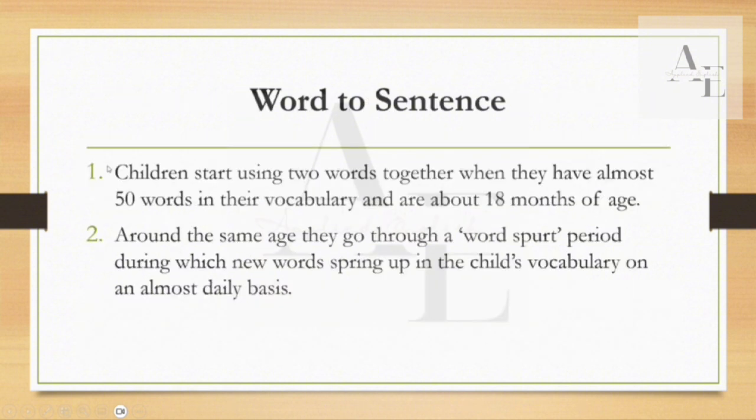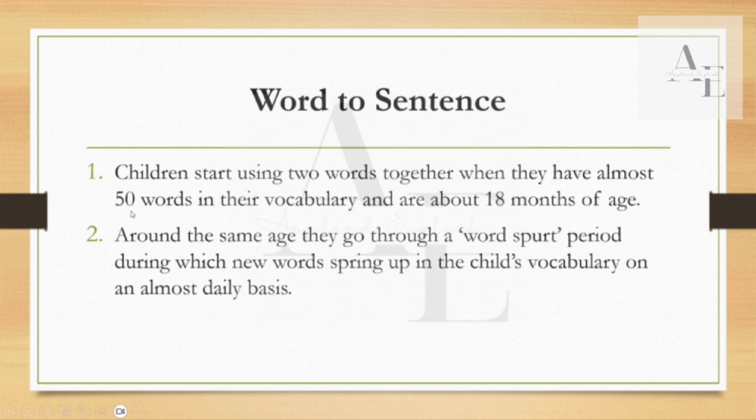Let's start then with our word to sentence, with the second part. First, children start using two words together when they have almost 50 words in their vocabulary and are about 18 months of age. So after the one word, they start using two words, and it's when they have almost 50 words in their vocabulary, so they know 50 words, and are about 18 months of age.